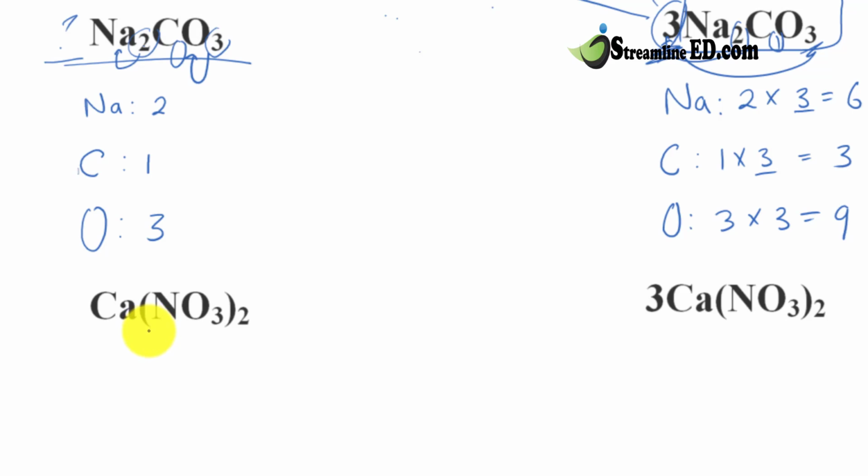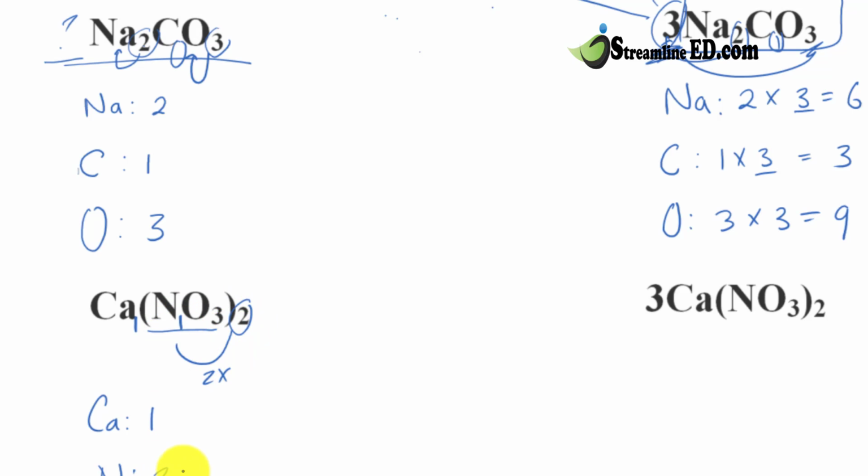Now let's look at this case where we have parentheses right here. See this right here? That 2 right after the parentheses indicates there are 2 of this whole thing right here. 2 times. So what we're going to do is this. Let's look at calcium. For calcium, we have nothing here. So it's outside the parentheses, so we know it's just 1. And then for nitrogen, it gets a little bit tricky. Because in here there's 1 nitrogen, but that 2 right there tells you there are 2 of it.